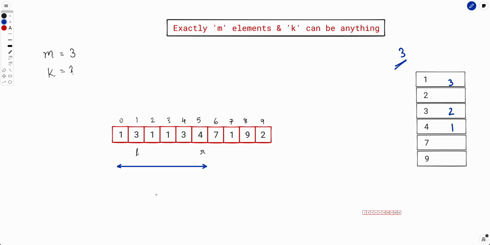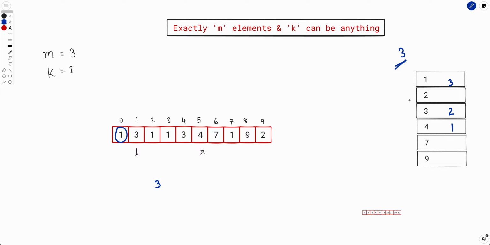Now for this L, any of these R will never be valid. Why? Because you know that the number of distinct elements between this position and this position was 3, right? Now you just removed one element. Removing an element will either decrease the number of distinct elements or keep it the same, as we have seen in the previous solution.